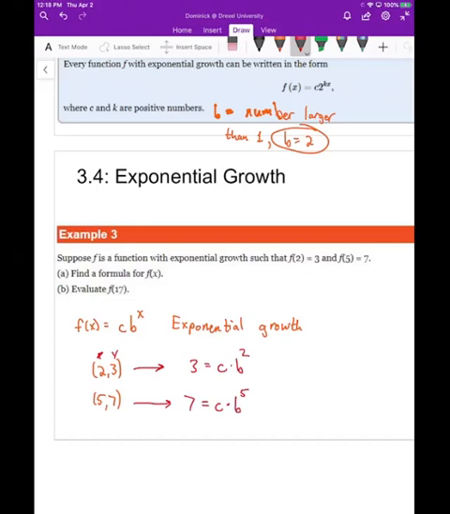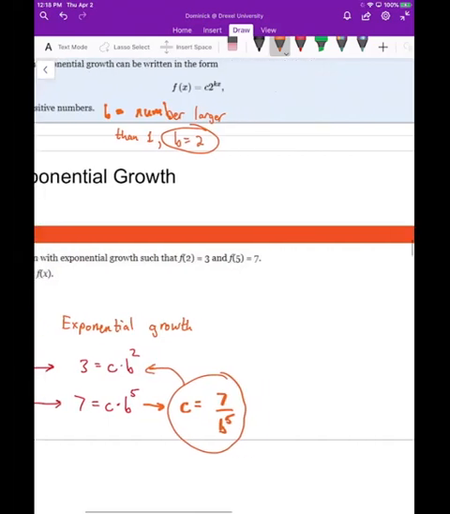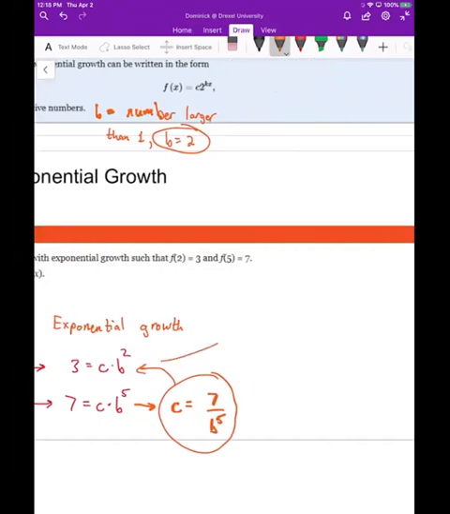Okay, so now what we have is two equations. What we can do, for example, is solve for c here. So c is equal to 7 over b to the 5th. We can now take this and plug it in here to get what our b is. So we'll get that 3 is equal to c, which we just said was 7 over b to the 5th, and then I still have b squared from before.